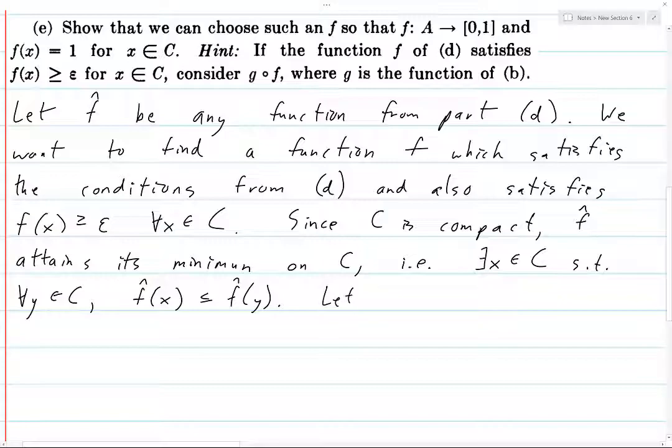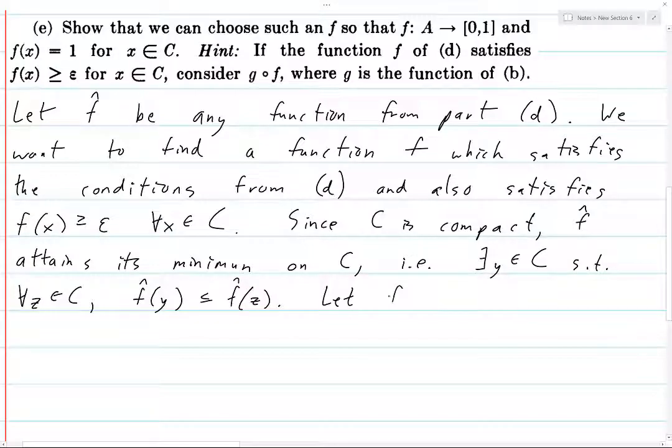Okay, so let, I should not have used x here. Let's call this y, such that for all z, f hat of y is less than or equal to f hat of z. So y is the minimum point.